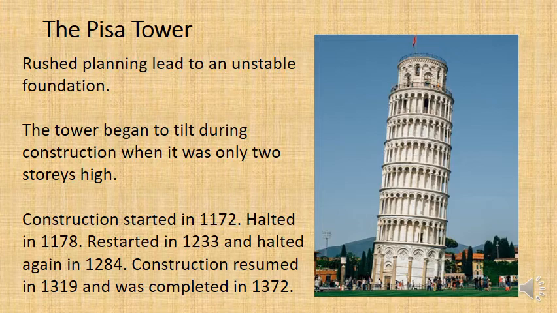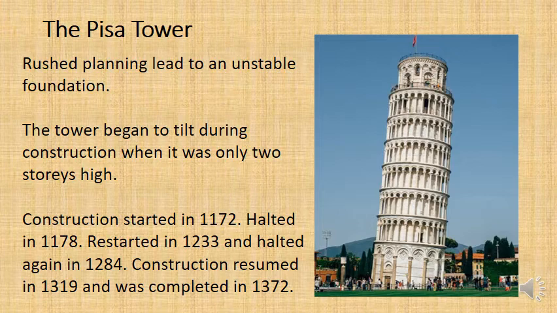And construction started in 1172. It's very old. And in 1178, they said, we just need to stop. It's leaning too much. And then it didn't start for another 60 years. 1233, they started, but then they immediately halted it again in 1284 because they ran out of money.